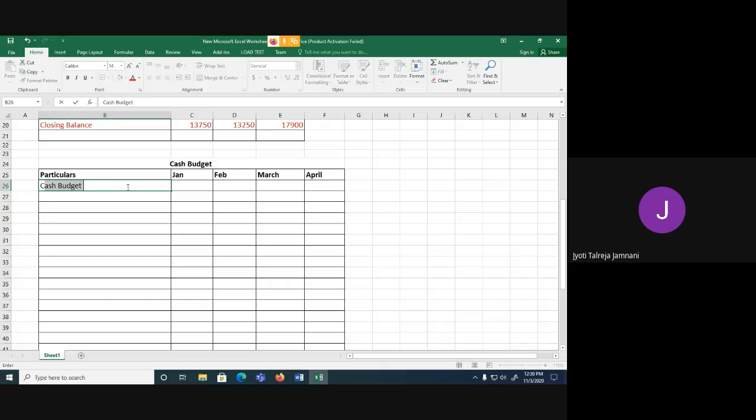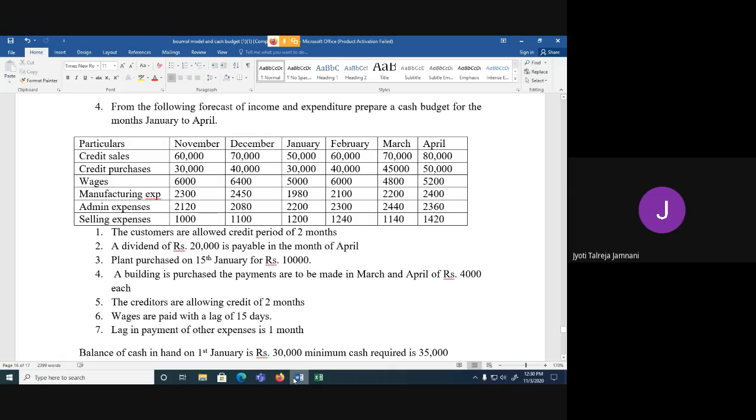First, we record the cash receipts. We call it as A. Leave 5 to 6 lines for cash receipts, and then take the cash payments.